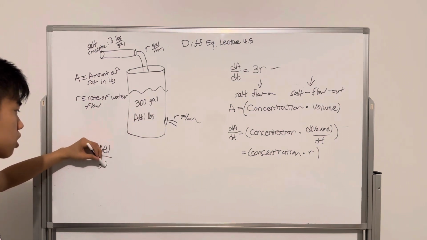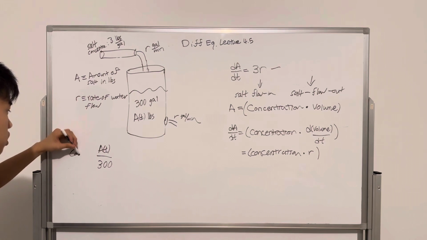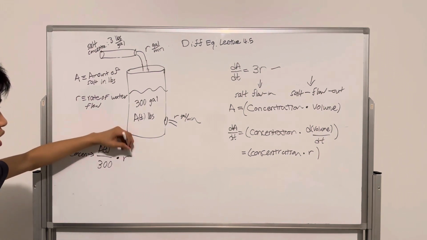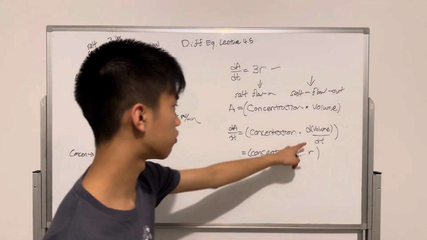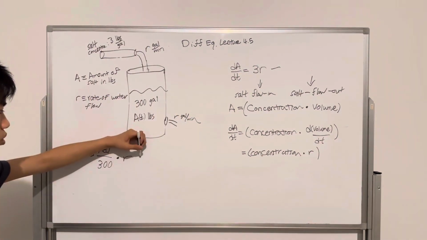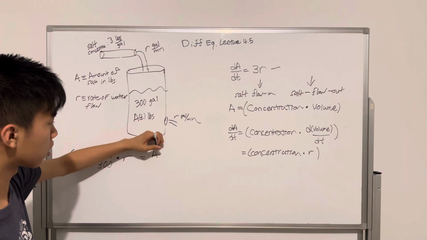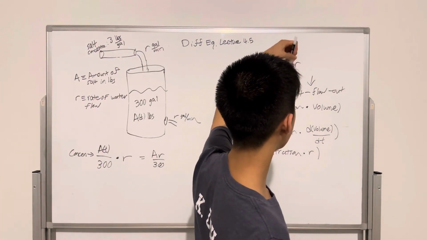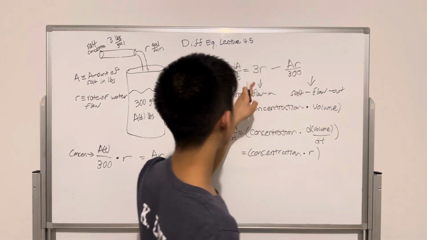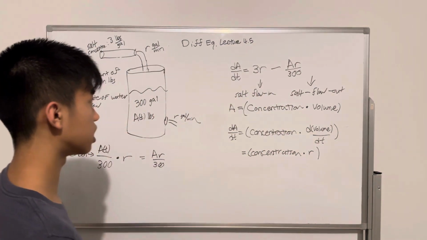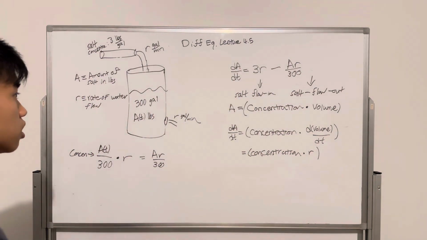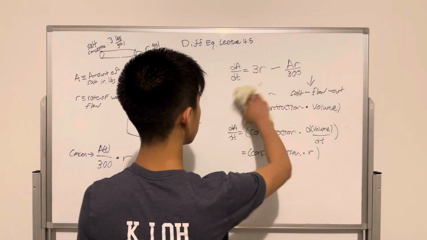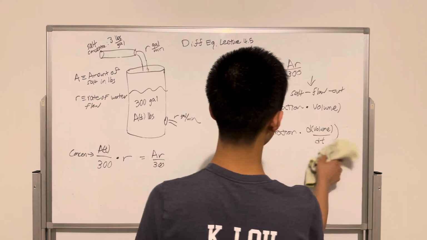So A of t over 300 is our concentration, and then we multiply by r, because that's the volume flow out. So we get Ar over 300. Our differential equation is dA/dt equals 3r minus Ar over 300. Now I can erase all of this so I can actually solve the differential equation.